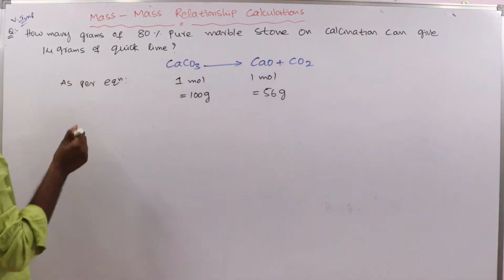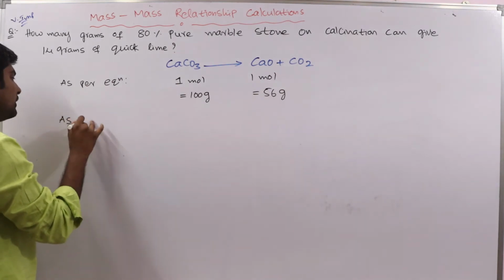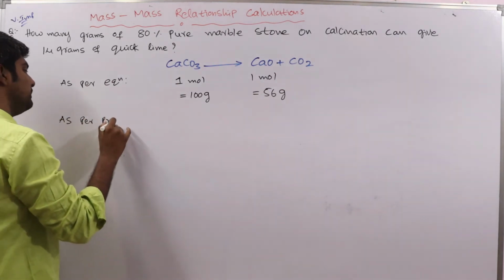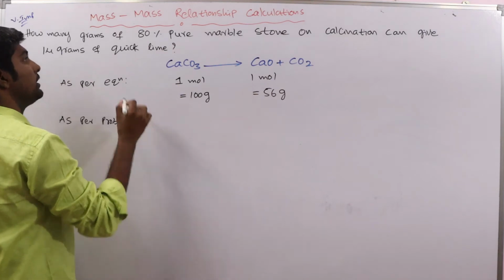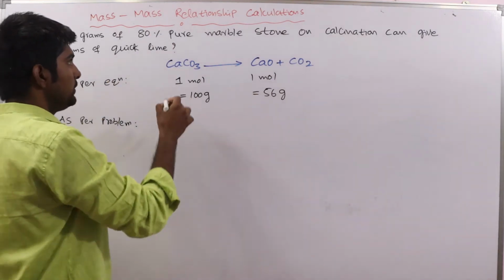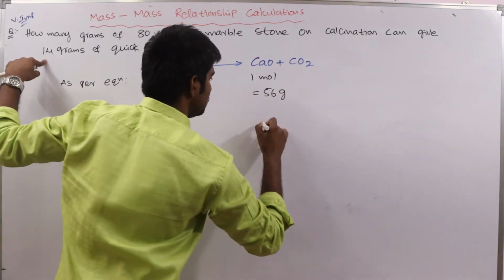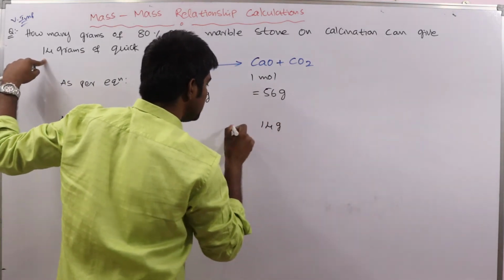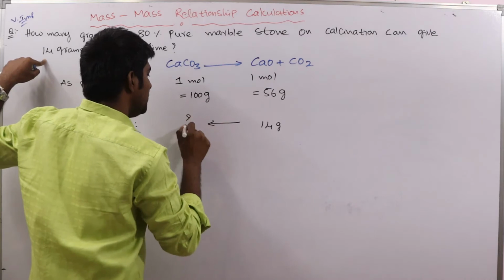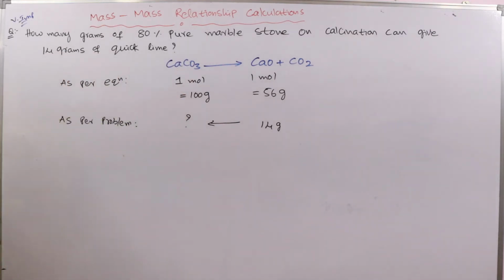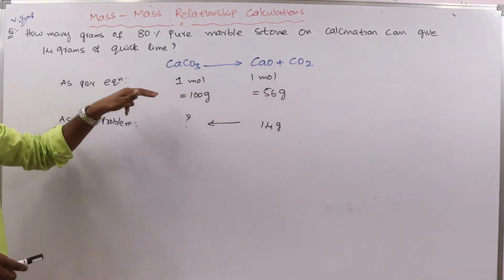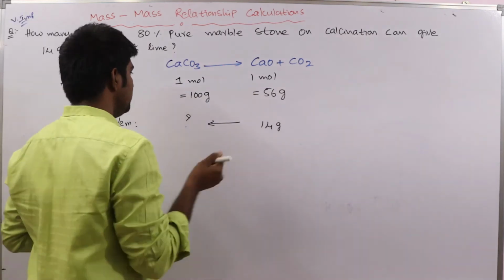Now, as per problem, that is nothing but given data. Okay. So, to get 14 grams of quicklime, how many grams of CaCO3 should be heated? Okay, so here what is the answer?